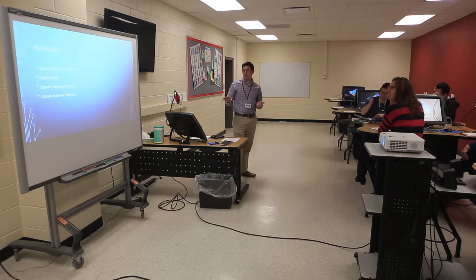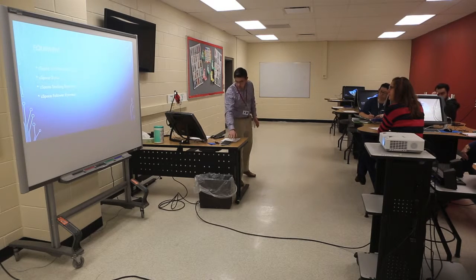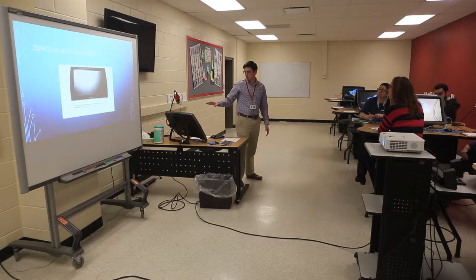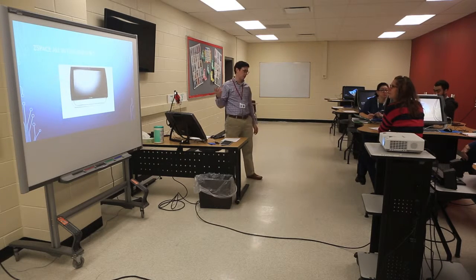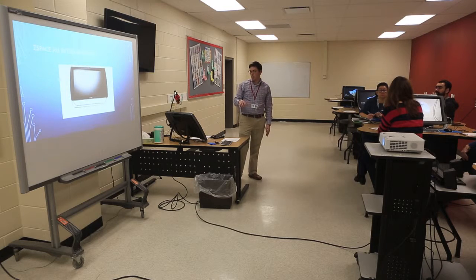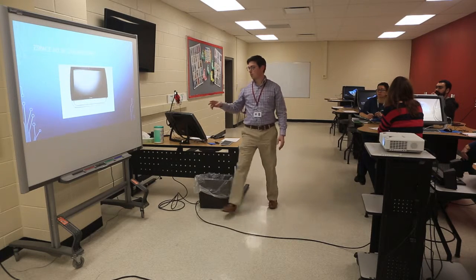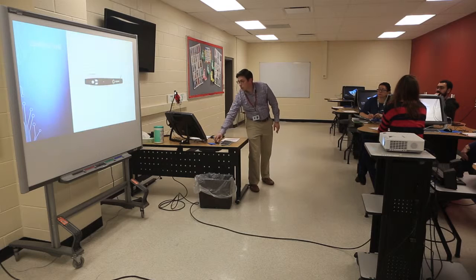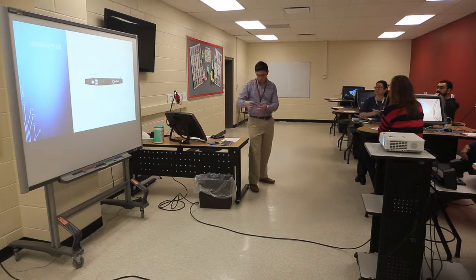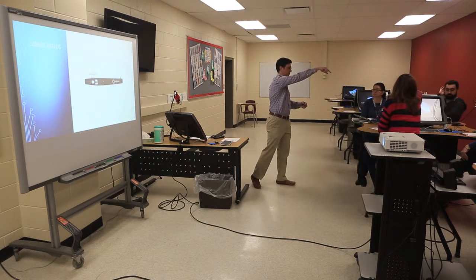Next, we're going to look at the different pieces of equipment and talk a little bit about what they do. The first is the computer, the zSpace all-in-one, or if you're looking it up online, it'll say AIO. The way the whole system works is there's a camera here, here, and here, and that picks up the glasses, which are on top of the computer.